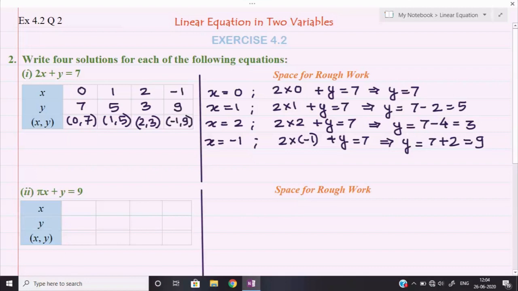This is the answer. And if you put all these values, (0, 7), (1, 5), (2, 3) and (minus 1, 9), in this equation, the left hand side and right hand side will always come equal. These are not normal values, these are solutions. If you put them in the equation, they will satisfy the equation.